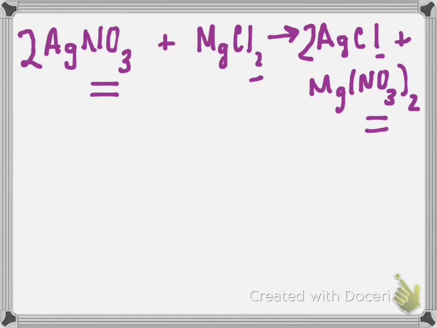So instead of talking about nitrogen and oxygen separately, let's talk about nitrate. On the left-hand side, I have 2 nitrates. On the right-hand side, I have 2 nitrates. So even though the 2's in a different place, one of them's a coefficient, one of them's a subscript, I still have the same number on both sides, so I'm good.